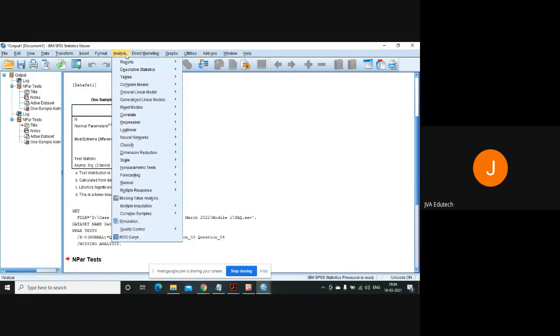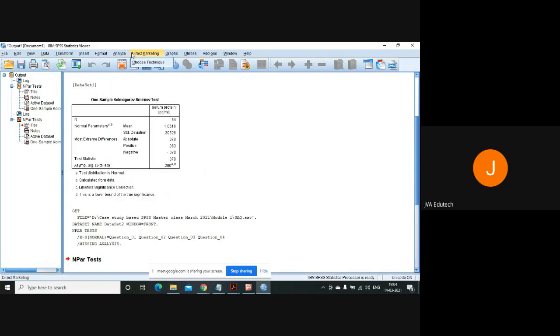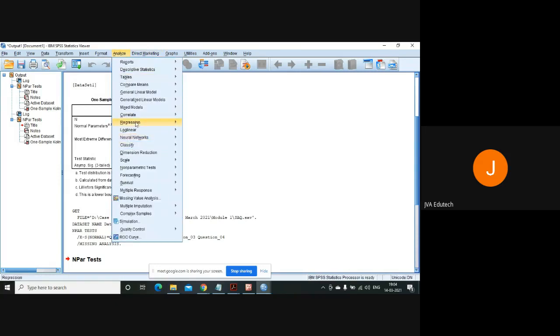For Shapiro-Wilk, you won't find any tab showing you the Shapiro-Wilk directly. So this explore is of very much use in SPSS. You can have a lot of commands in this.